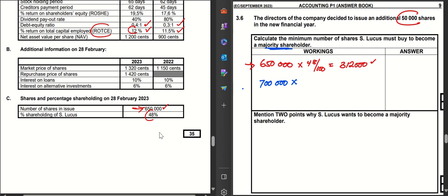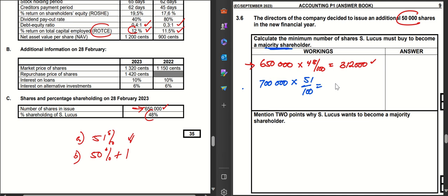Now I'm going to use one method of calculating major shareholding. Remember, there is either the first method of 51% or the second method of 50% plus one share. I'm just going to use the first one, that is A, for the sake of time. So I'm going to say 700,000 multiplied by 51%.